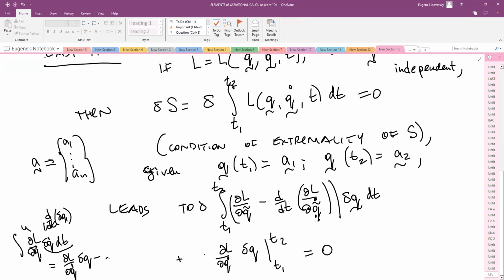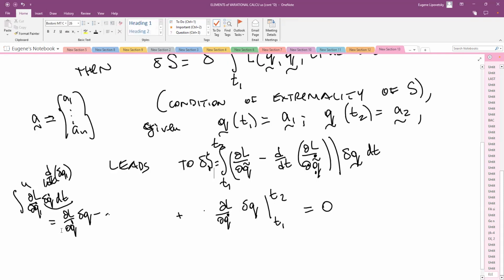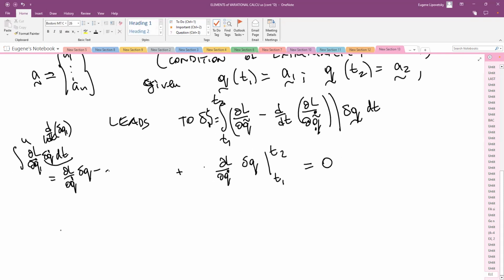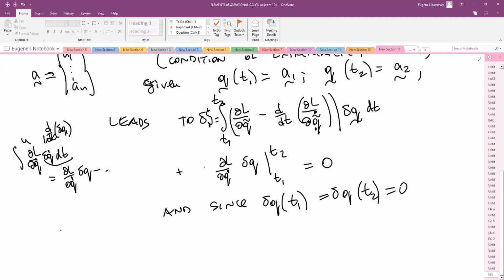This delta S equals to this. And since delta Q of T1 equals delta Q of T2, the variation of Q at the ends is 0 because Q is fixed at the ends.